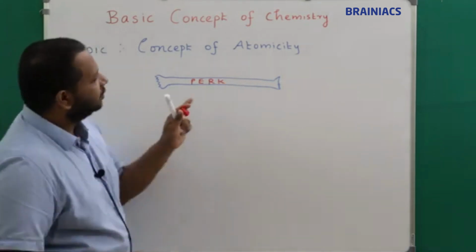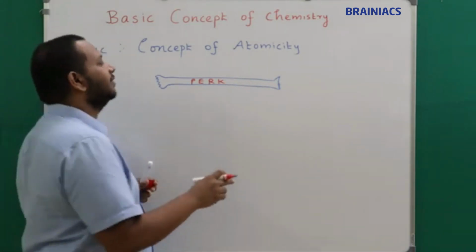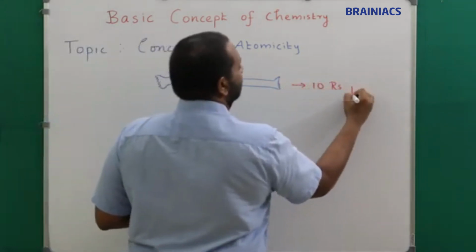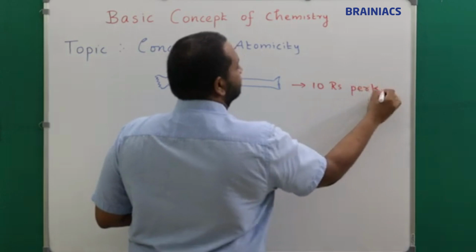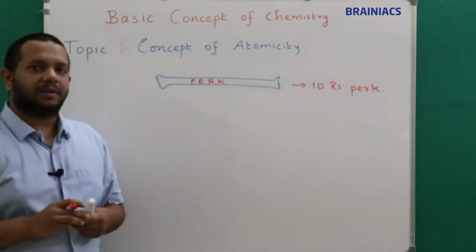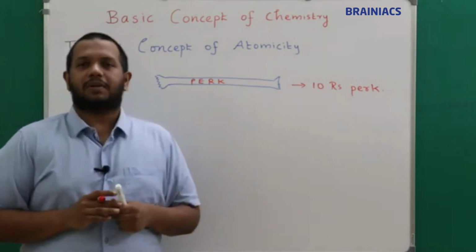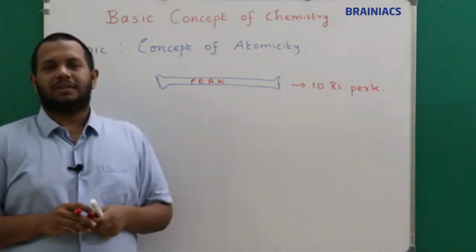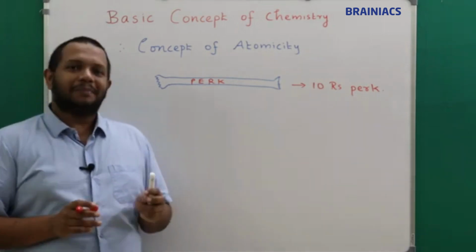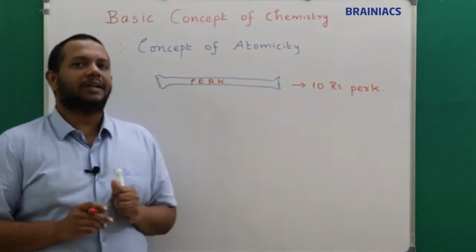Now the advantage of buying a 10 rupee Perk: if you buy a 10 rupee Perk, how many people can eat it? You may say, sir, I can eat any number of Perks, correct. But minimum speaking, I can say 2 people can eat.